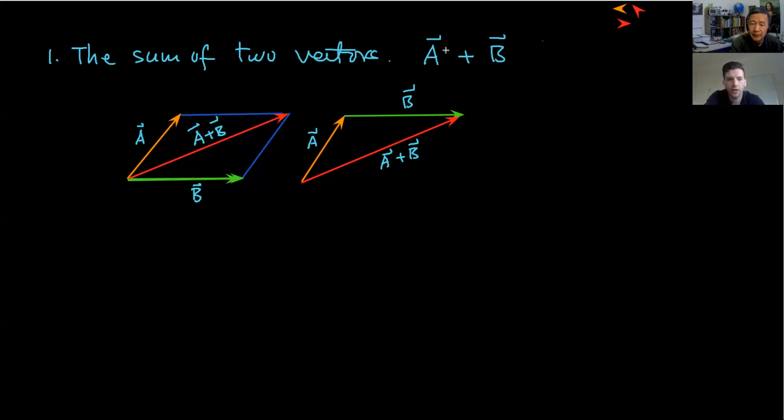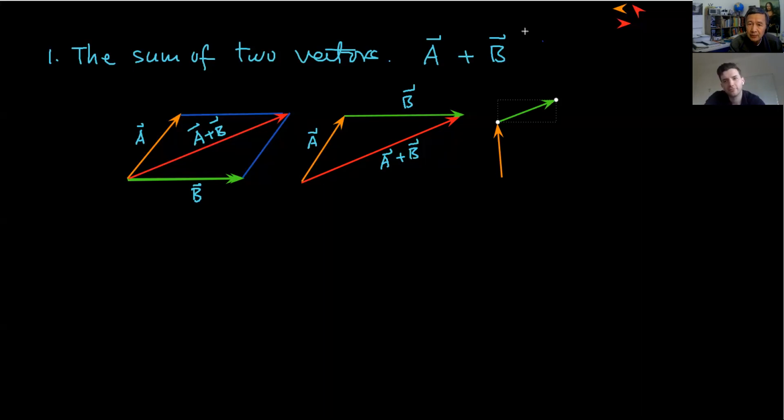Okay. Now there are other variations. The second method also has a useful advantage. If you have to find the sum of several vectors, this time I draw several of them. You have vector 1, and in a different color, vector 2.